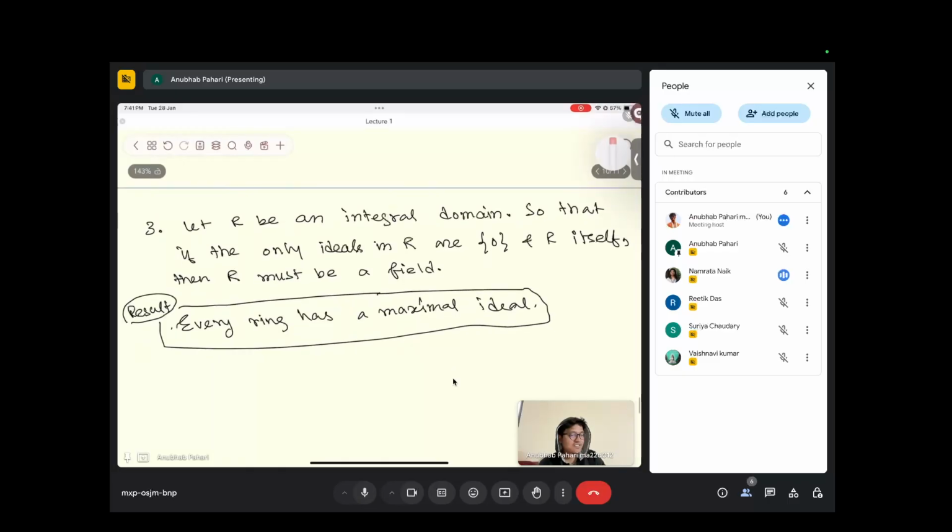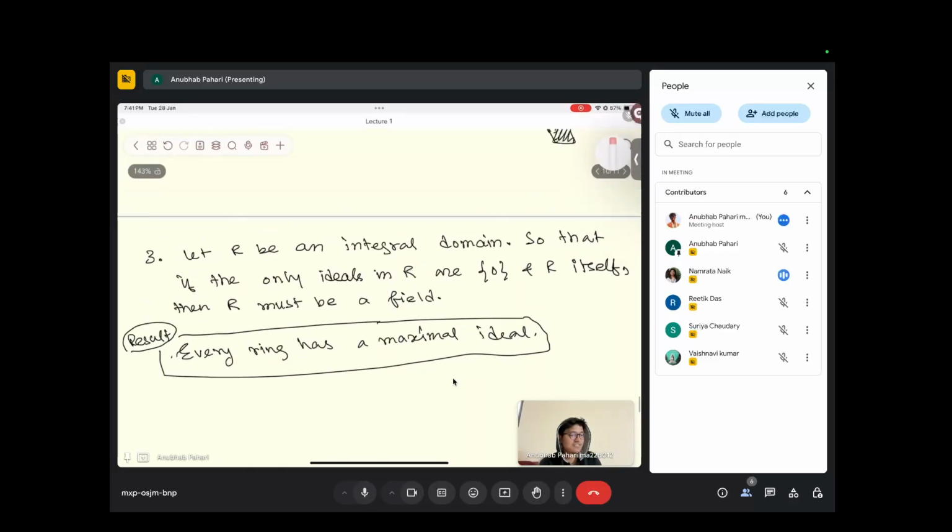I'm given that the only ideals are 0 and R. By the definition, an ideal is said to be maximal if there is no ideal in between it and R. Maximal ideals are proper, so R cannot be a maximal ideal.